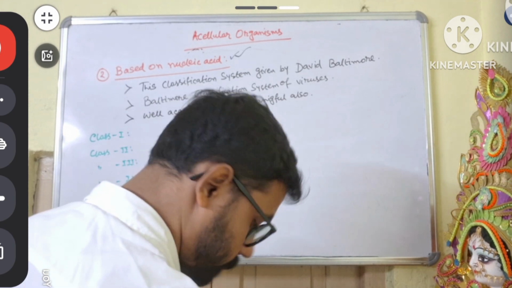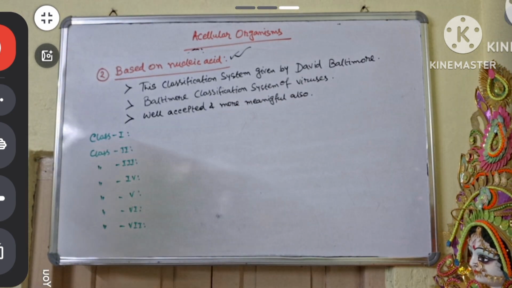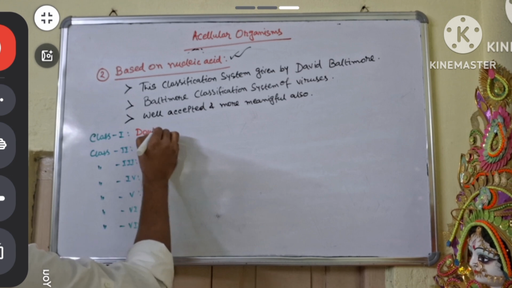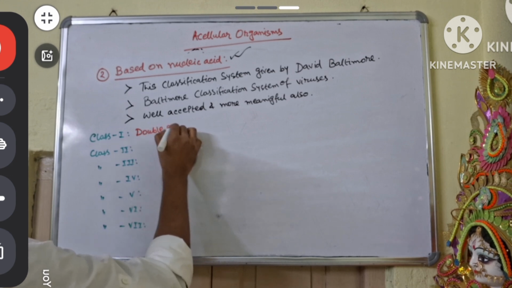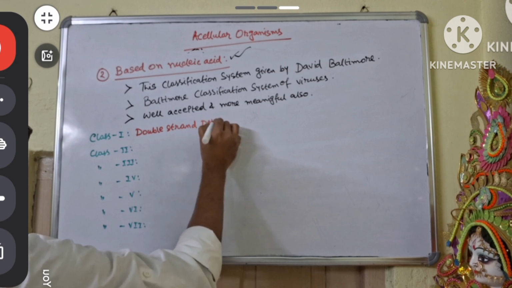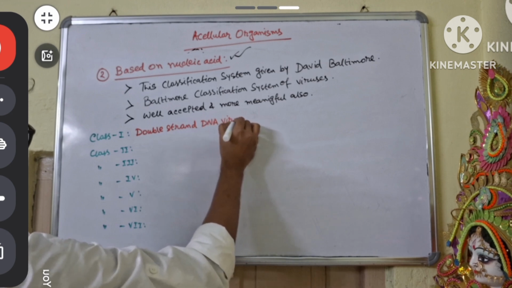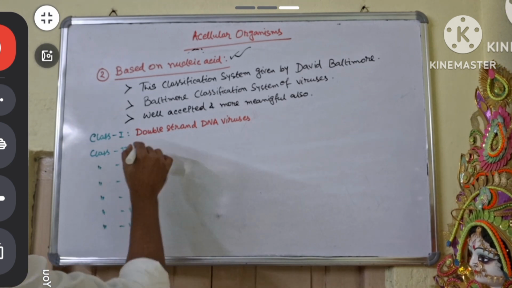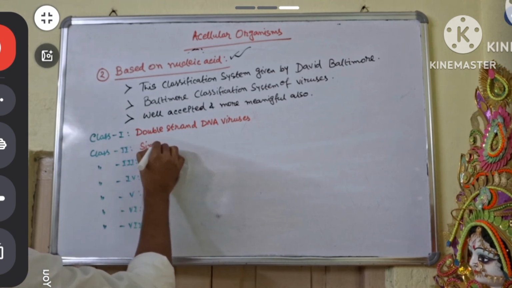Class 1 is double strand DNA virus. Class 2, single strand DNA virus.